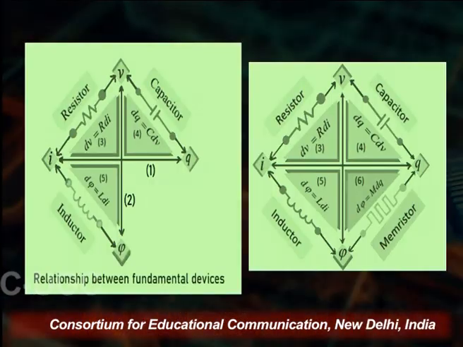Now, you see here that three elements are attached, and the fourth, the memristor, is on the right-hand side in the circuit. The memristor relates the fundamental circuit variables of voltage, current and their time integrals.